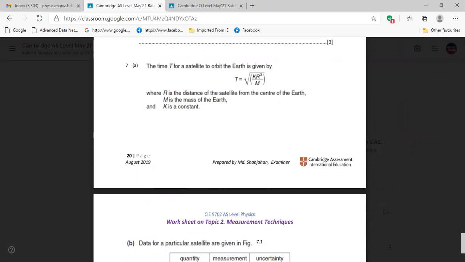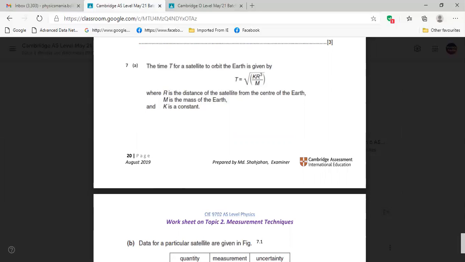Can you read the question? Yes, sir. The time t for a satellite to orbit the Earth is given by t equals root over kr cubed by m, where r is the distance of the satellite from the center of the Earth, m is the mass of the Earth, and k is a constant.